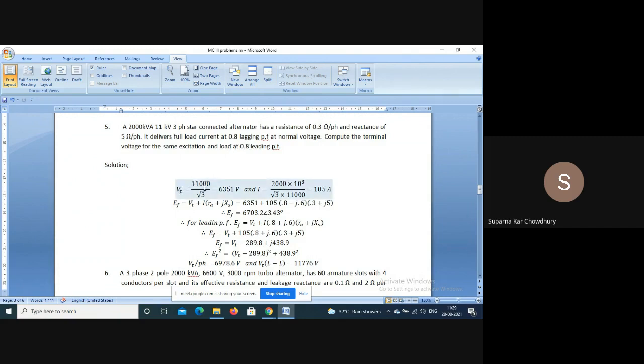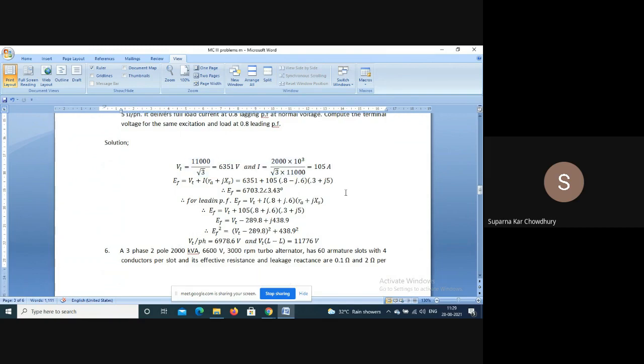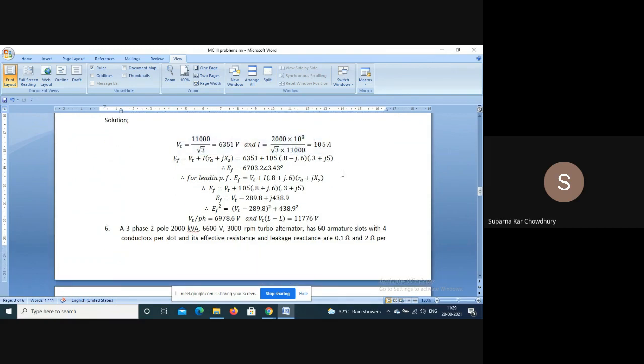So again we have the per phase voltage, 11 kV by root 3, which is 6351 volt, and the current is obtained from the kVA rating divided by this. So from here we will get the current.